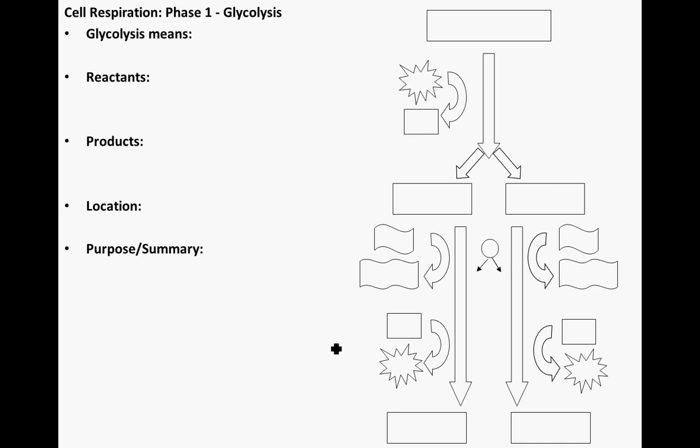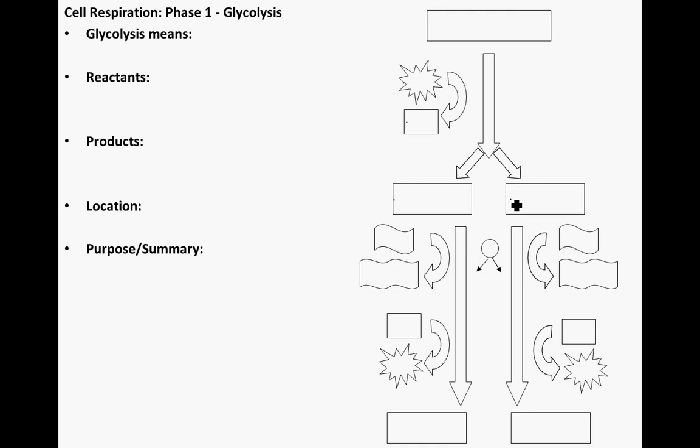This is my sort of graphic organizer mental construct. I made this all the way back in my very first year of teaching this, like 18 years ago. So be thinking, this is all of glycolysis, so there are two subphases. What would go in this box, what would go here, and what do you think is going to go in these boxes?